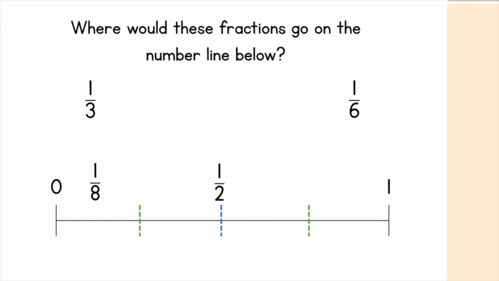Would that be greater than 1/4 or less than 1/4? 4 equal pieces, 3 equal pieces. Let's show that. We can show that by placing these orange lines on the number line. Those orange lines indicate 3 equal pieces. And now we can place 1/3 on the number line.